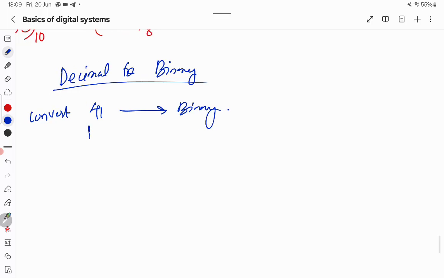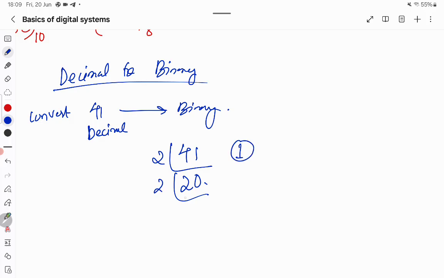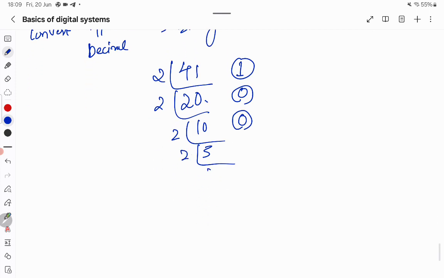This is decimal, so again the same process, but here binary is base 2, so we divide by 2. 2 into 41 is 40, this is the quotient part we are writing, so the remainder will be 1. 2 into 10 is 20, remainder 0. 2 into 5 is 10, remainder 0. 2 into 2 is 4, remainder 1.